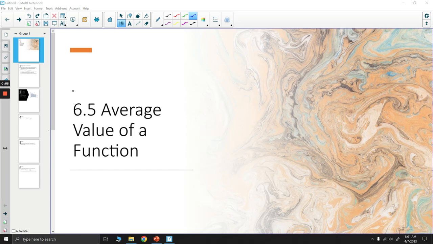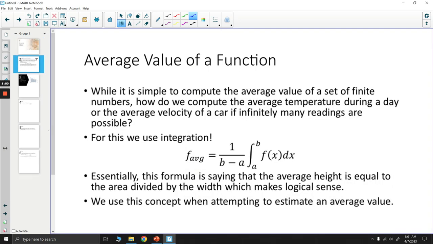Now, the average value of a function essentially is exactly what it says. It's this average value. While it's simple to compute the average value of a set of finite numbers, we obviously know how to do that. The average we describe as adding up all the values and dividing by how many there are.